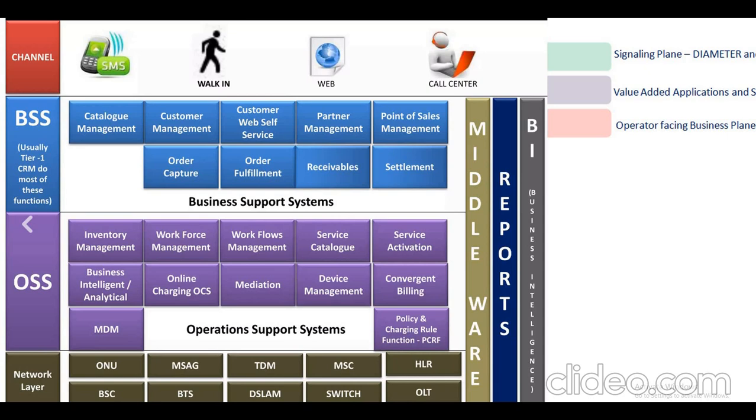Let's discuss more on a channel basis. We have SMS, web portal, and call center, which are the significant channels here. Now in BSS, CRM is most important, with functionality like catalogs, customer management, customer web self-care services, order capture, and order fulfillment.